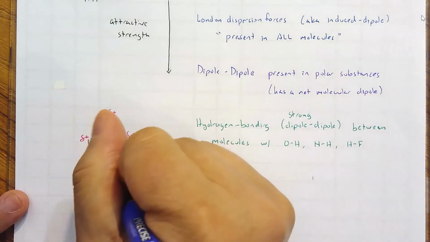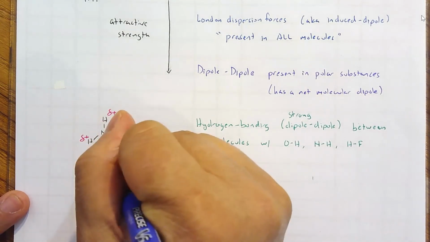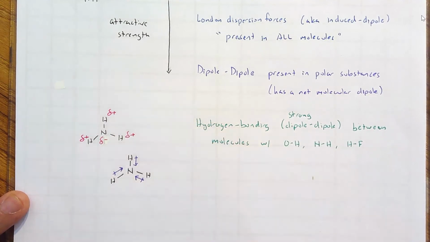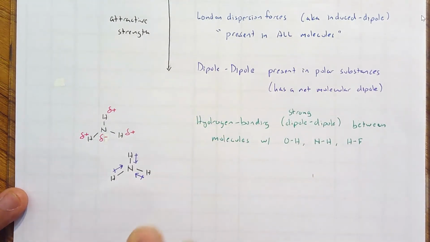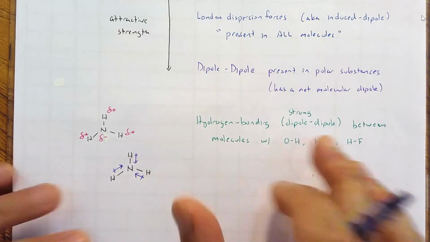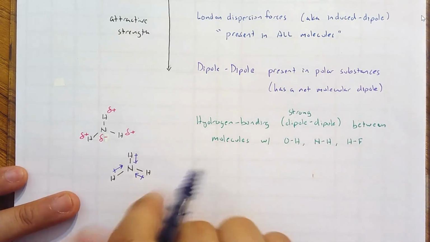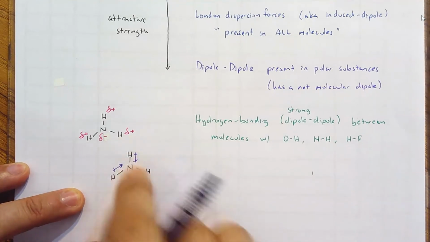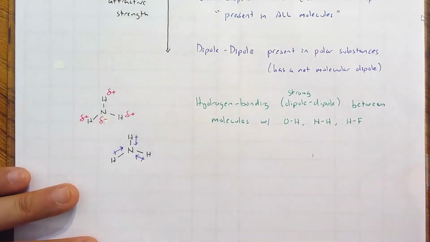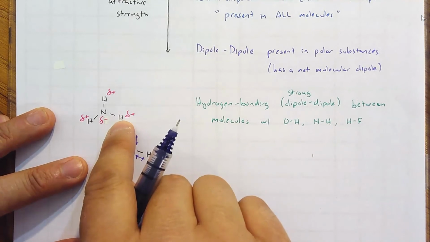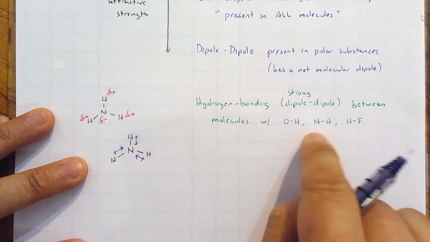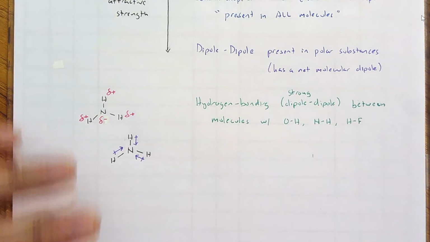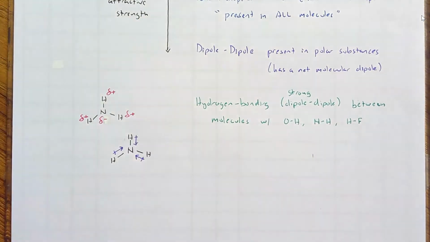Some of you may prefer dipole arrows. So you draw the arrow towards the more electronegative atom, like that. This can do hydrogen bonding with other molecules that can have an attraction to this partial positive H. Technically, the other molecule has to be bonded to that H via an O, N, or F as well. A very specific definition because these are especially strong.